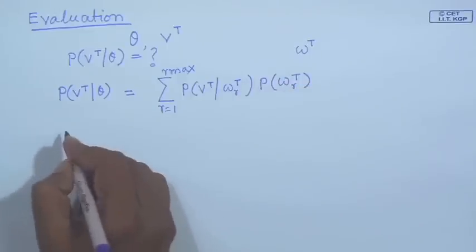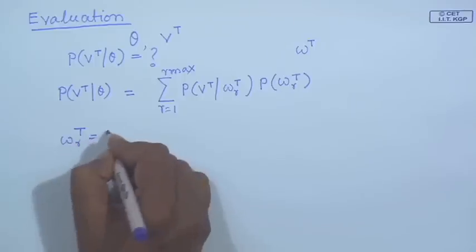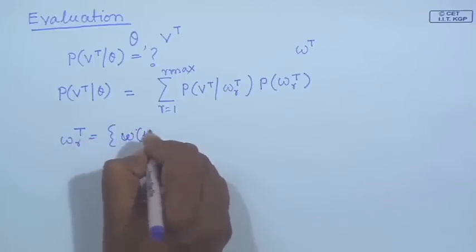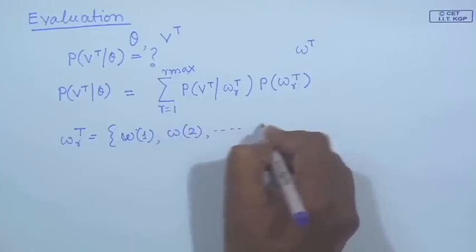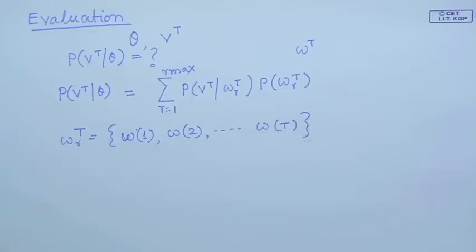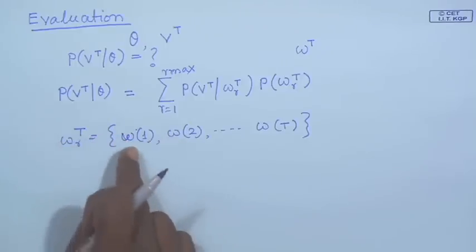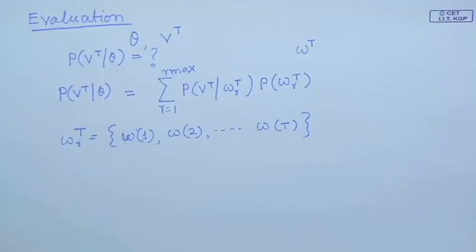Now, this omega_r^T is nothing but omega at time instant 1, omega at time instant 2, continuing to omega at time instant capital T. So, for different sequences I will have different values of omega 1, omega 2, omega 3 and so on.